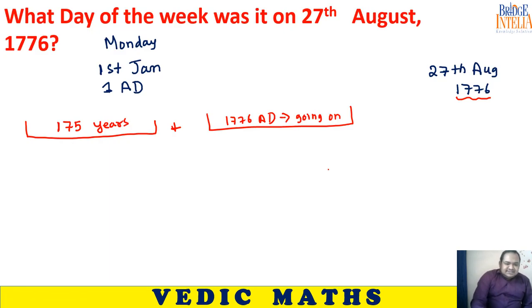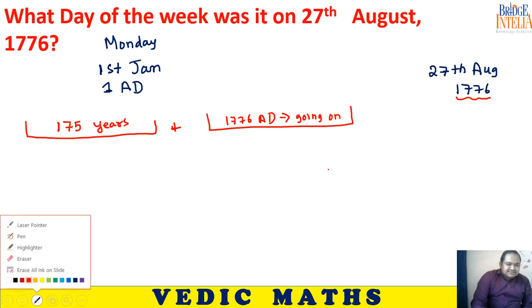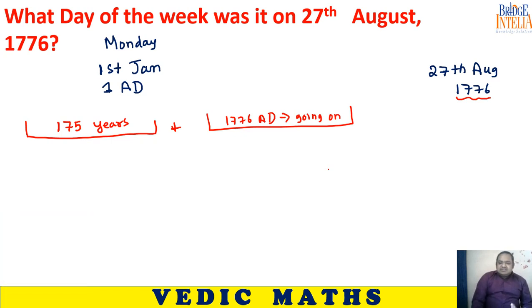So let us see this now. We have removed 1600 years because 1600 was a multiple of 400 years. Now the remaining portion is 175 more years. Why 175? Because 1600 plus 175 means 1775 AD completed, because the running year is 1776 AD.